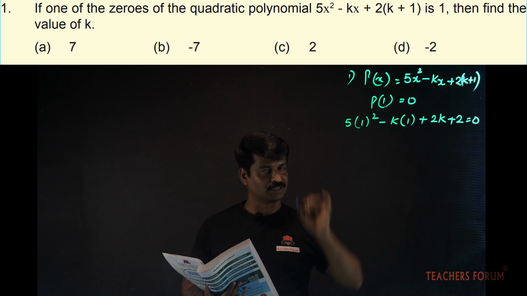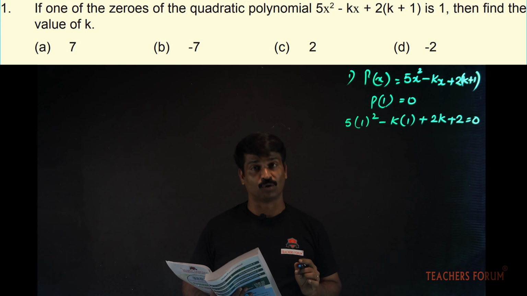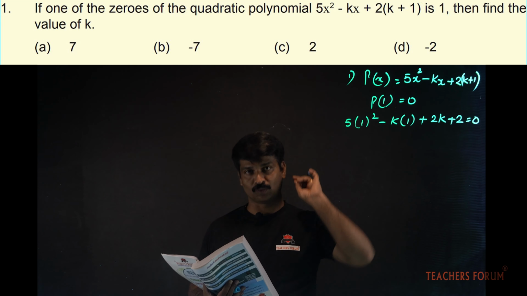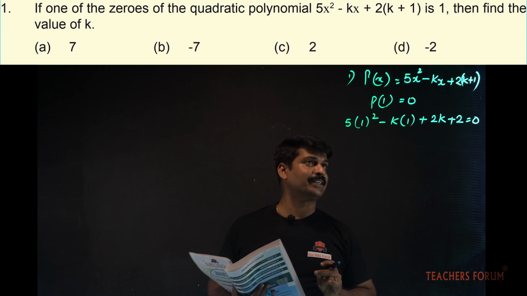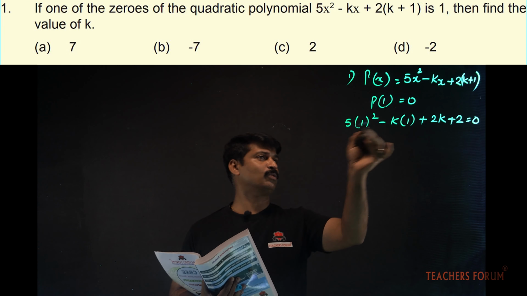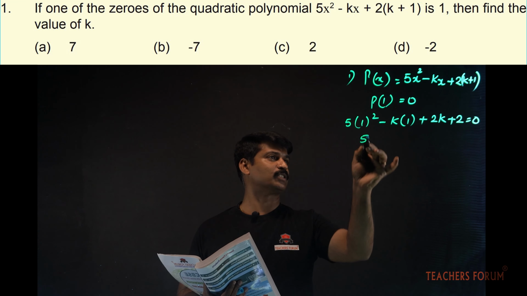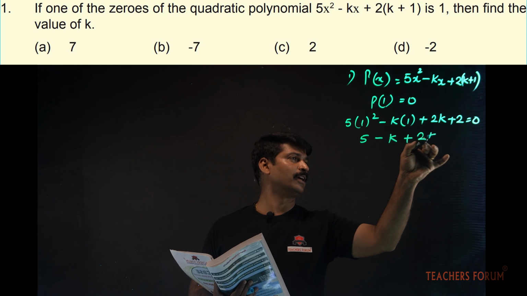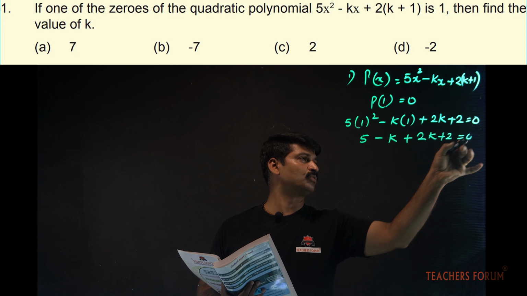Why? It is given that 1 is a zero, that is p of 1 is equal to 0. So 5 into 1 square, that is 5, minus k plus 2k plus 2 is equal to 0.